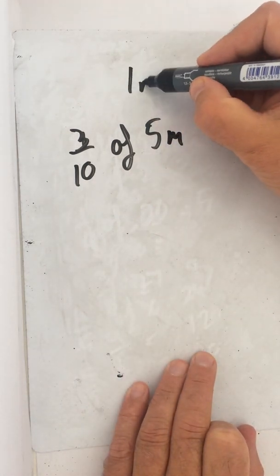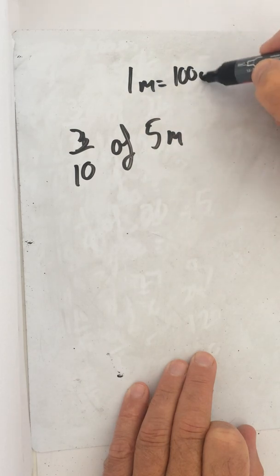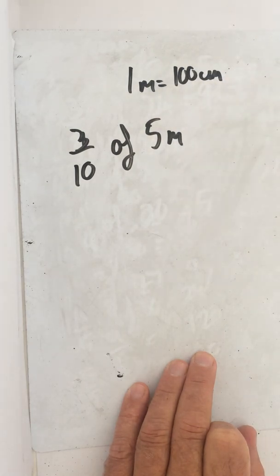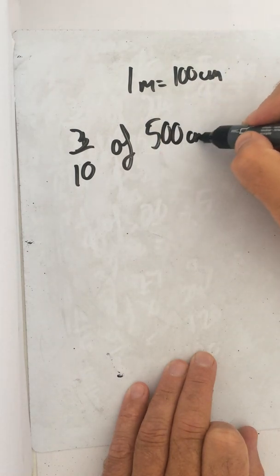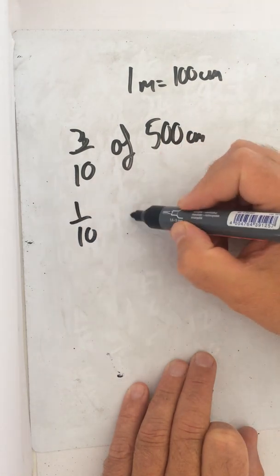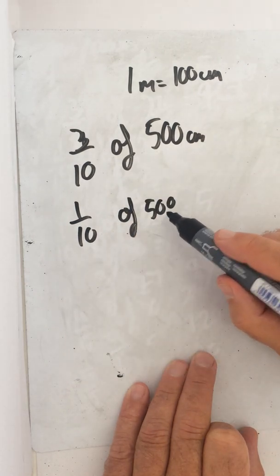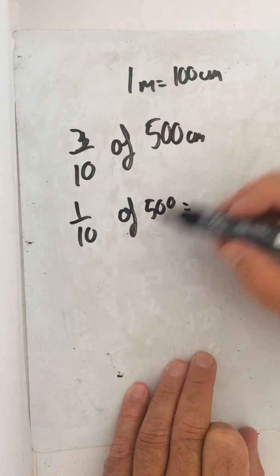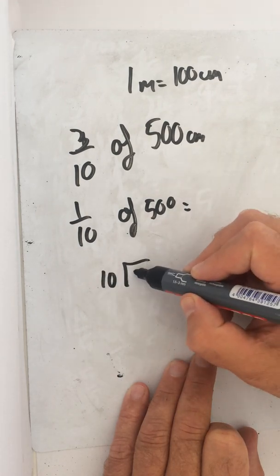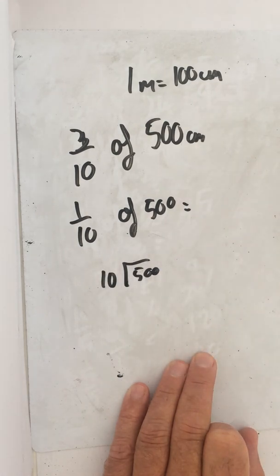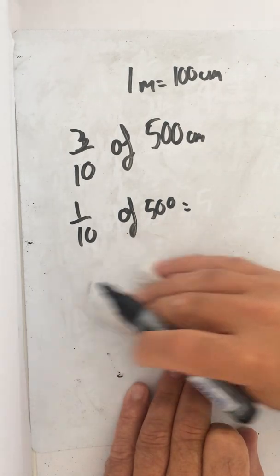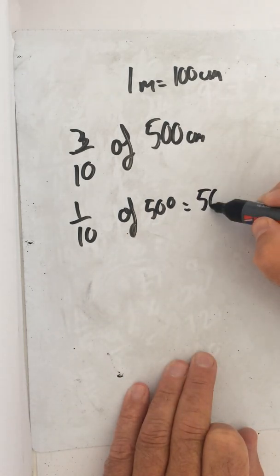Well, 1 meter is 100 centimeters, so I'm going to turn 5 meters into 500 centimeters. So what's 1/10 of 500? How many 10s in 500? If you need to, you can do your bus stop method. It'll be 50.